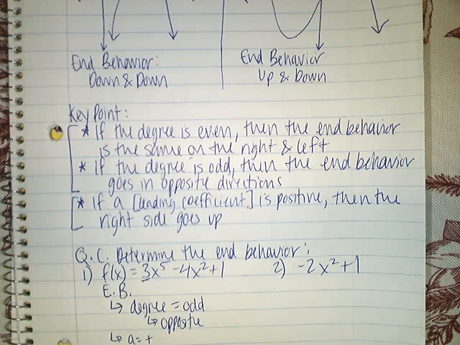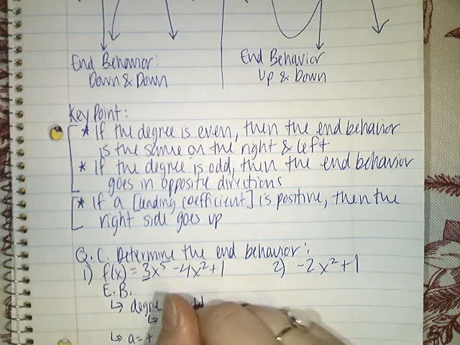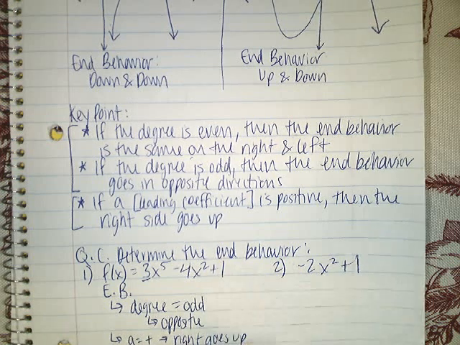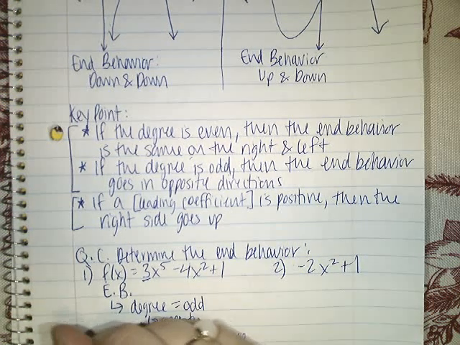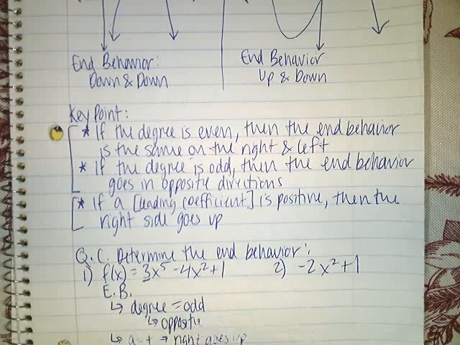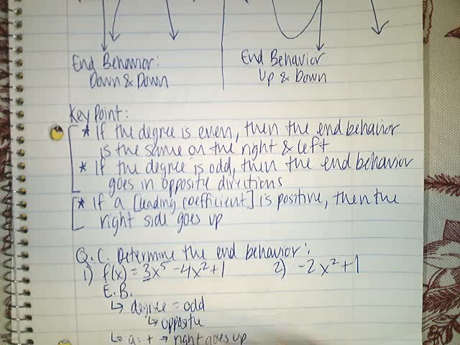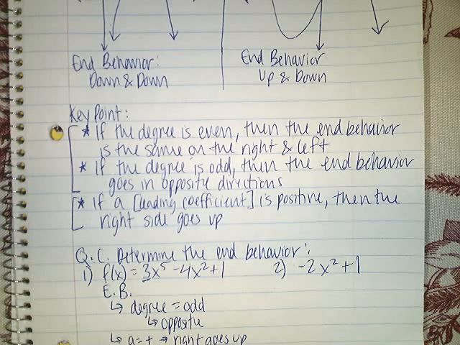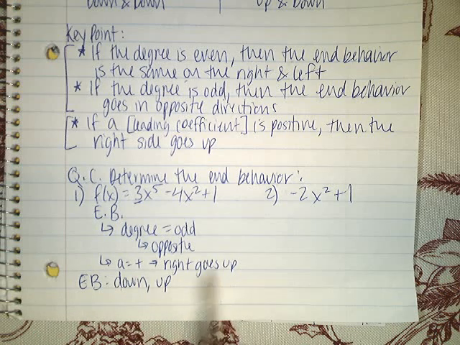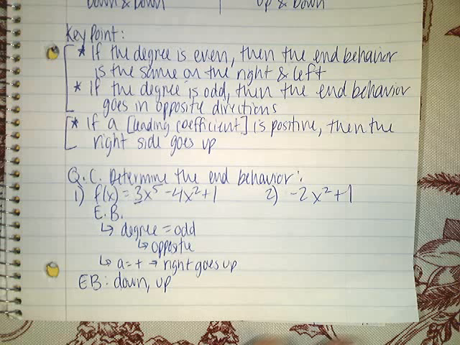The coefficient of x to the 5th is 3. So it's going to be positive, which means the right goes up. So I know my end behavior is going to be up on the right side. Since it's opposite, I know that the left side must be down. So it'd be down, up for my end behavior.